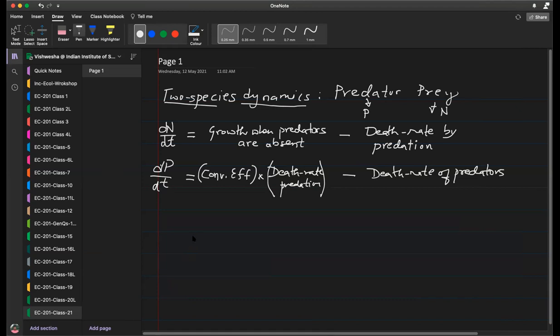Okay, so now let us use some notations that we have been using. Writing it for prey, let us write that the growth rate of prey is f of n. This term we are calling f of n.